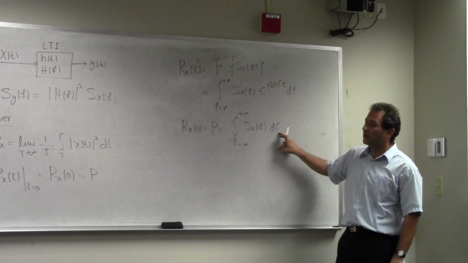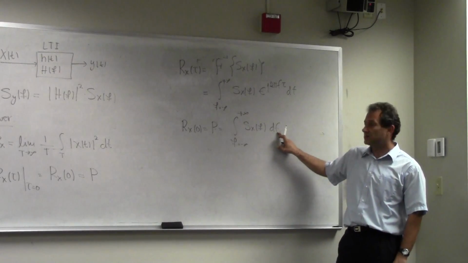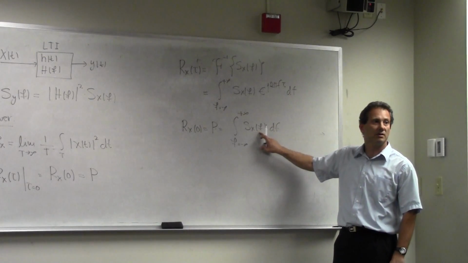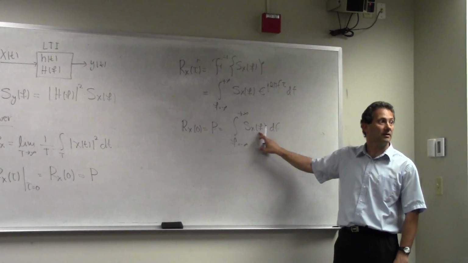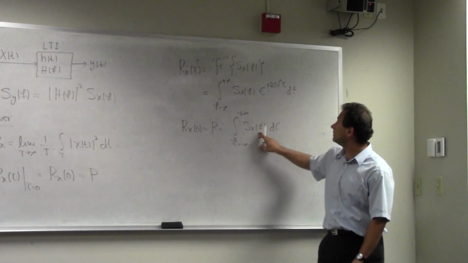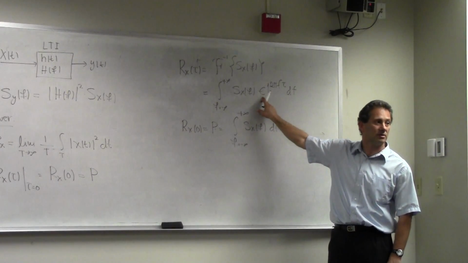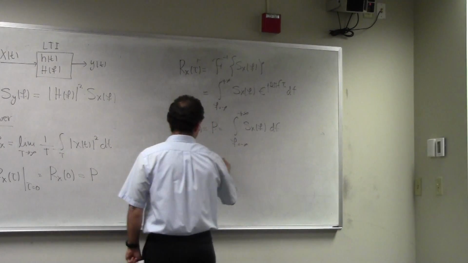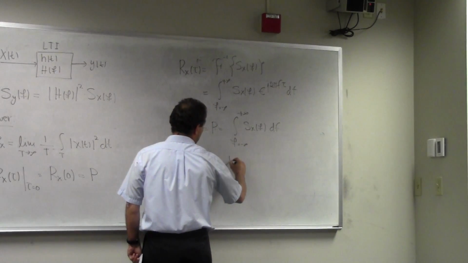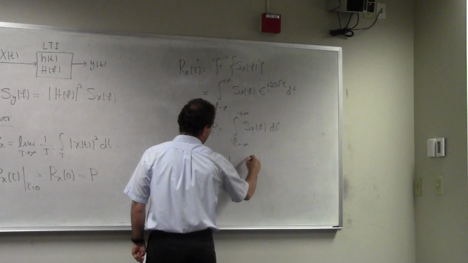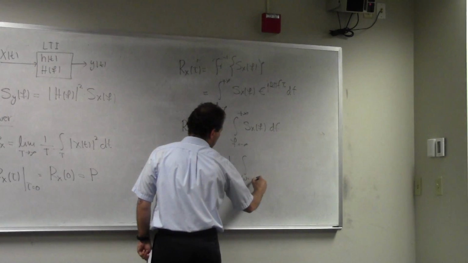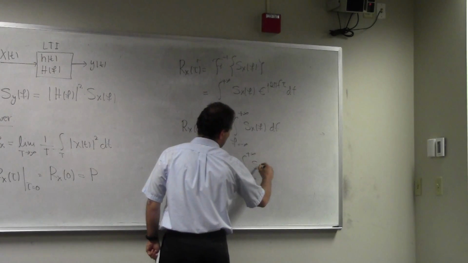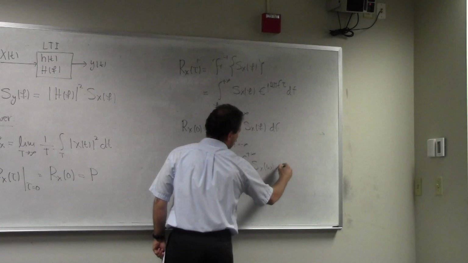This is if your f is a variable. Sometimes this Sx is given in terms of omega, right? Angular frequency. A lot of times the Fourier transform is given in terms of omega too. So an equivalent expression, you would find this one in many books, is 1 over 2 pi integral when omega goes from minus infinity to plus infinity Sx(omega) d omega.